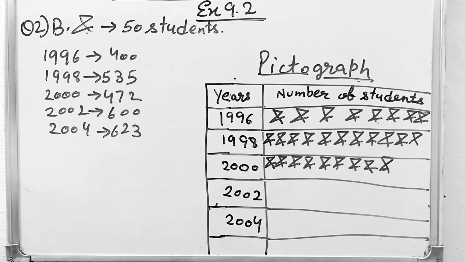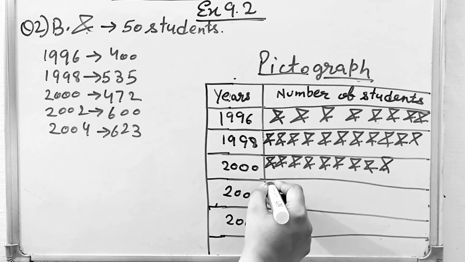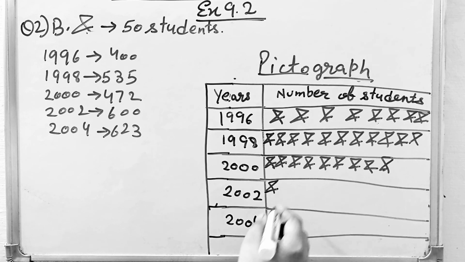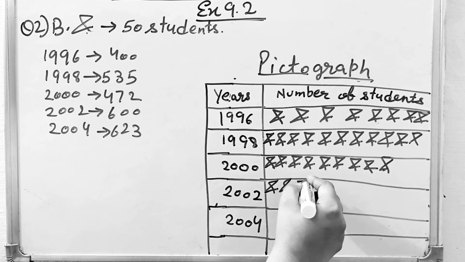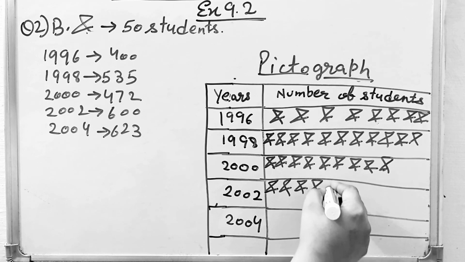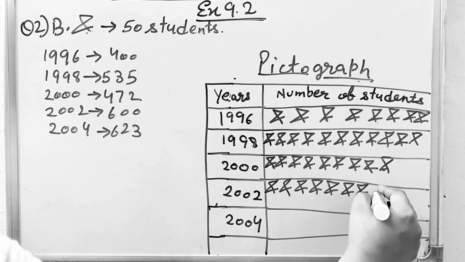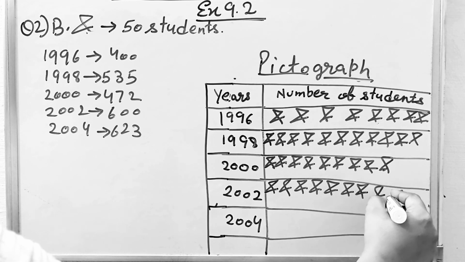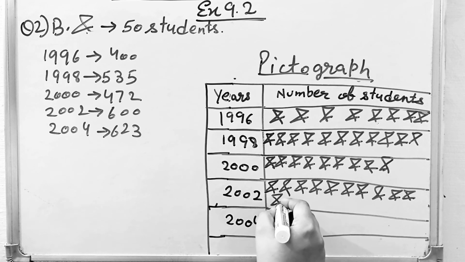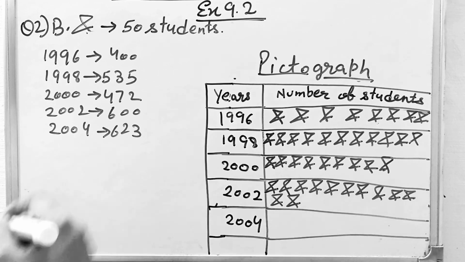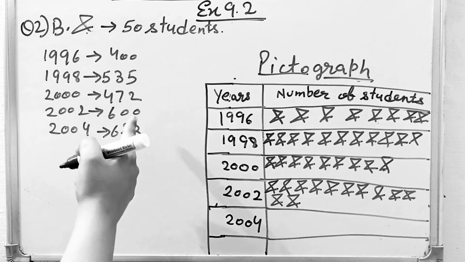Now for 600, we have to draw 12 such symbols. These are 12 symbols, they are representing 600 students.